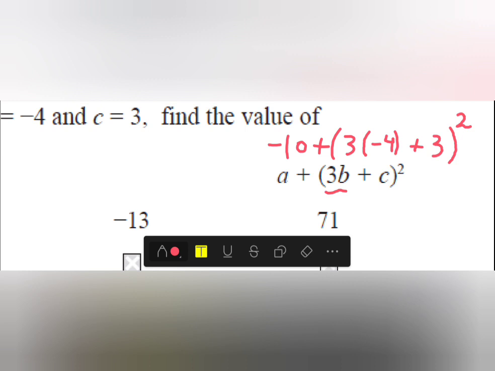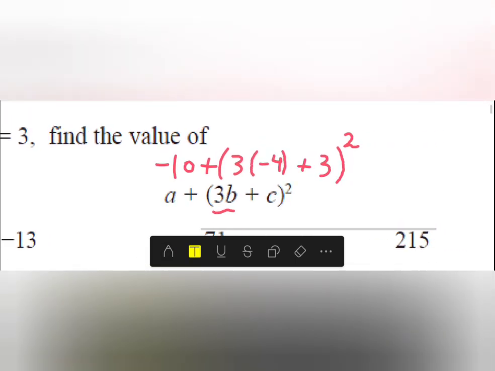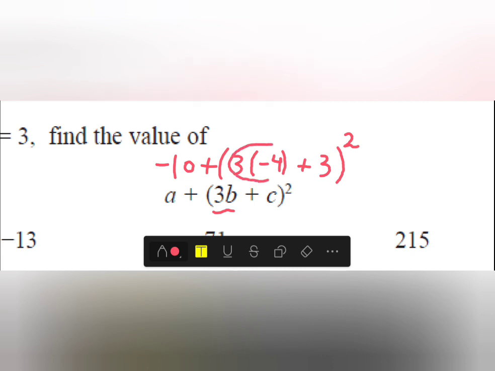So now we just substituted these numbers instead of the variables. Now we're going to calculate these numbers together. We can use a calculator, put the whole thing inside the calculator, and it will give me the answer. Or I can do it step by step, starting from the brackets inside here. So we multiply 3 by negative 4, and the answer will be negative 12, and then plus 3 inside the bracket, which is squared.